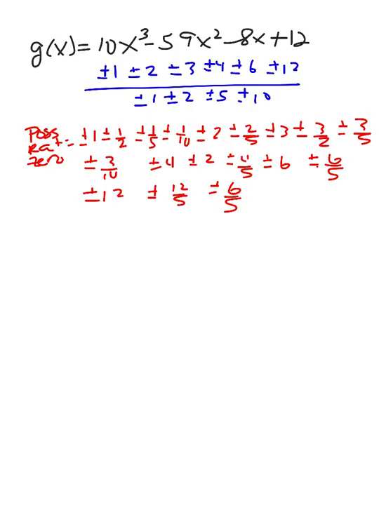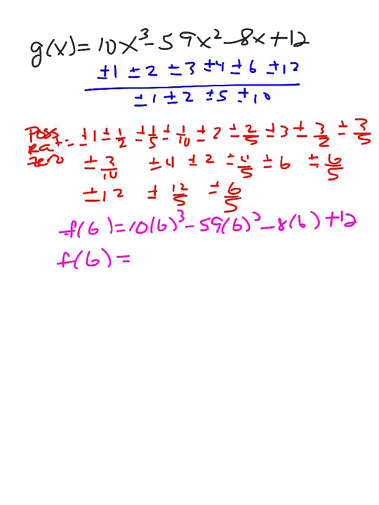All right, so you plug that into the calculator so that we don't have to sit here and check these, and look to see which one you think crosses the x-axis. It looks like it crosses the x-axis at 6. So now we're going to evaluate: 10 times 6 cubed minus 59 times 6 squared minus 8 times 6 plus 12.